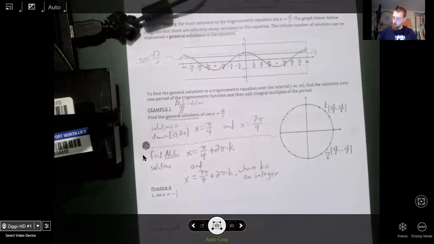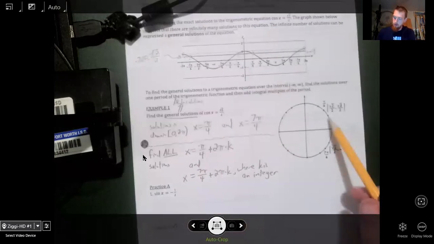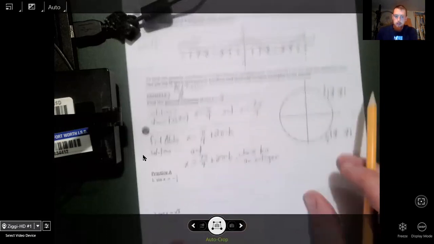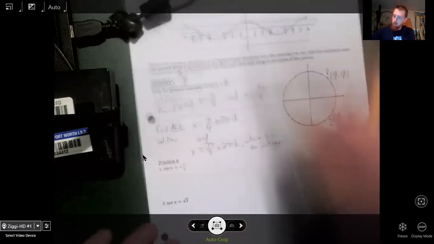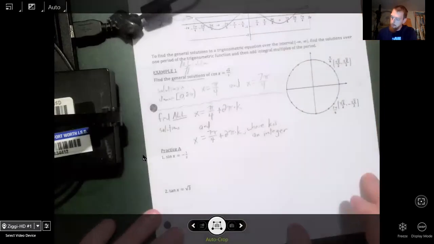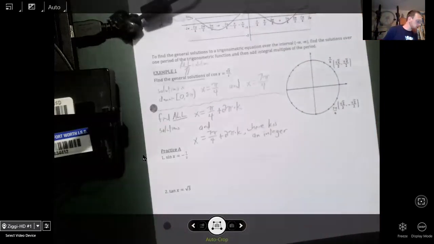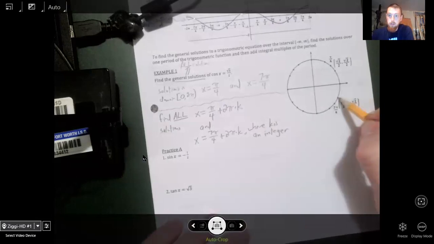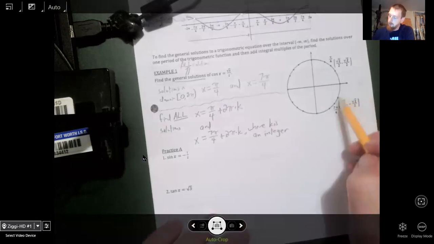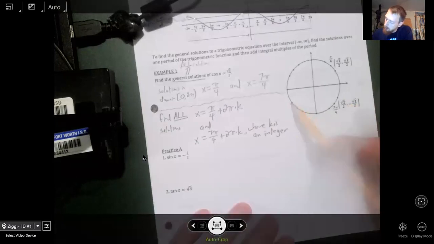Okay, so we're going to do some practice problems now using this handy unit circle. Sine of x equals -1/2. We want to find the general solution for that equation. Well, let's see. Sine is negative in quadrant 4 and quadrant 3.